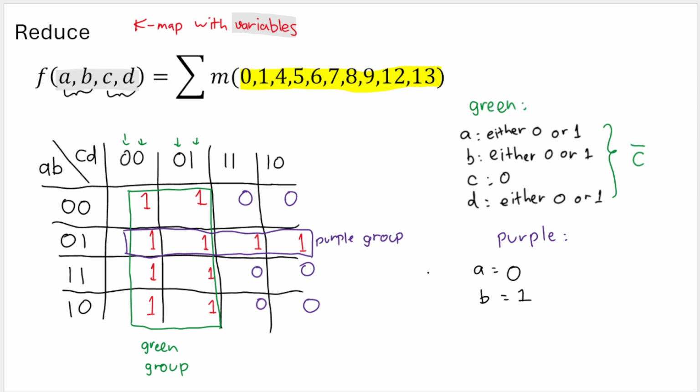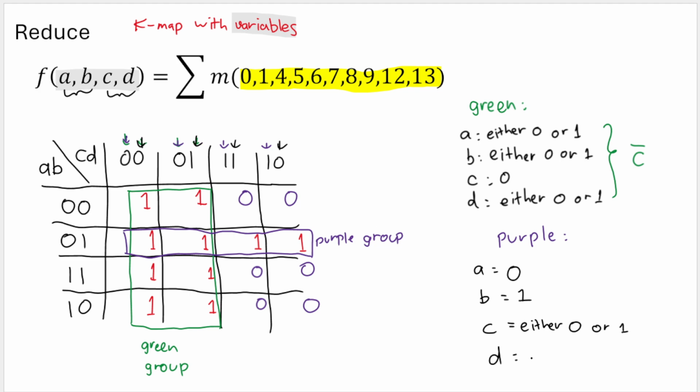Good. And then what is C? If we see C here, C is this one here, this one, and that one. So C can be either 1 or 0. And then the same case for D, we will have this, and then this, and that.